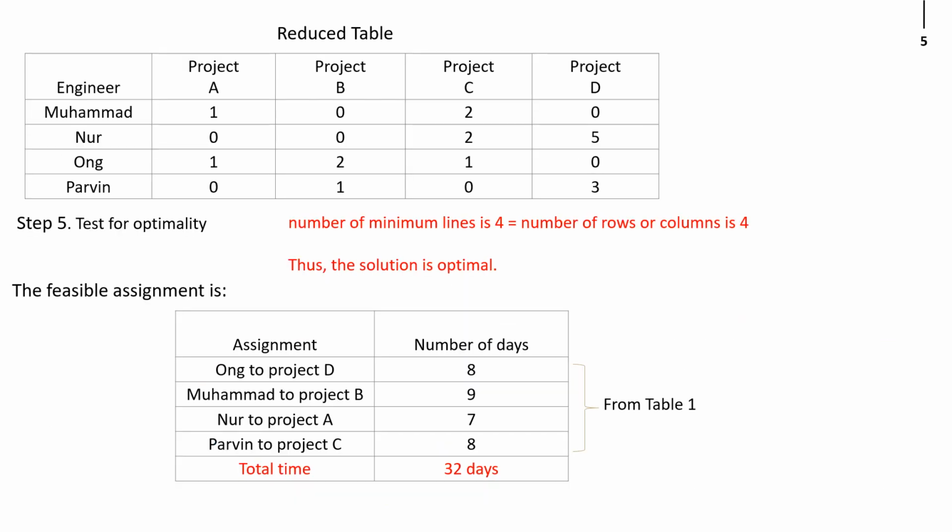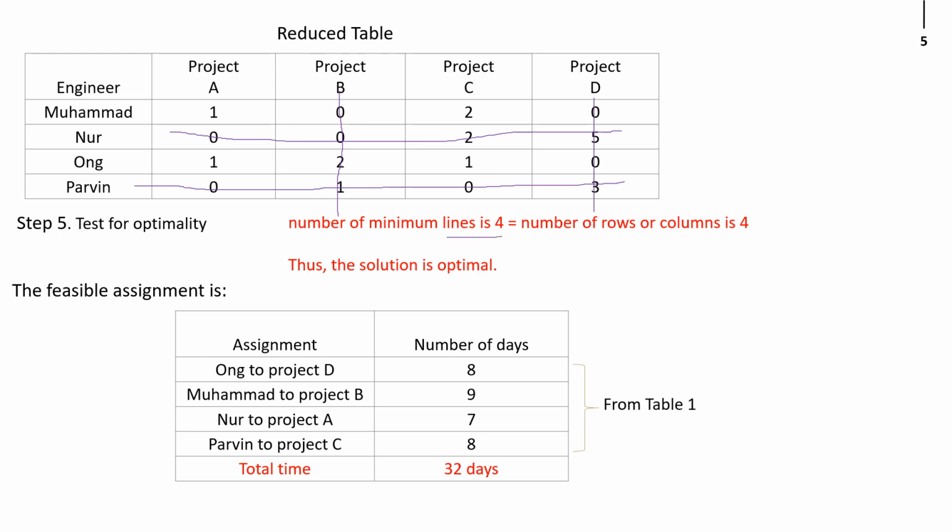Now this is the next reduced table. To test the optimality, I need to draw a few lines that cover all the zeros. So I have the total lines.